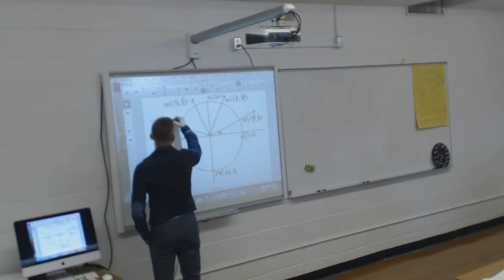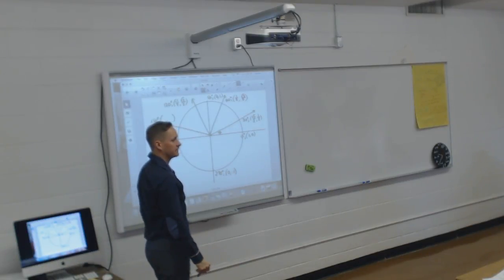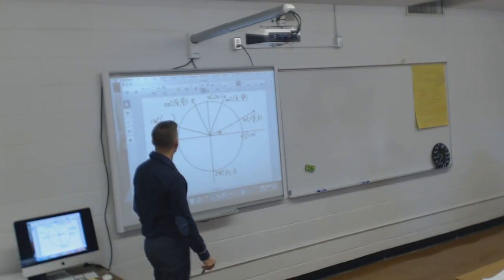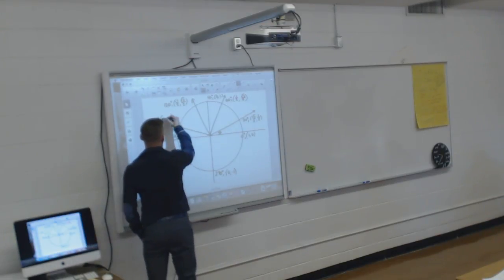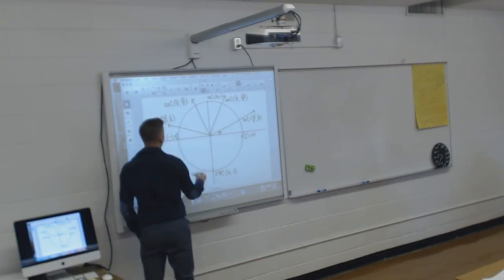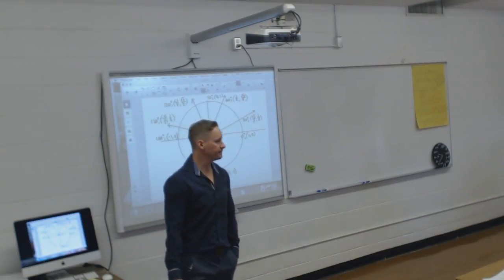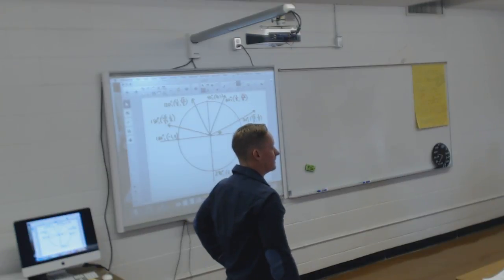What's the reference angle at 150 degrees? 30. So what's my ratio going to be then? Negative square root 3 over 2, and y is still positive, right? So it's the same as the reference angle.